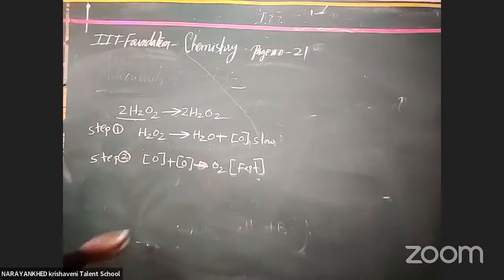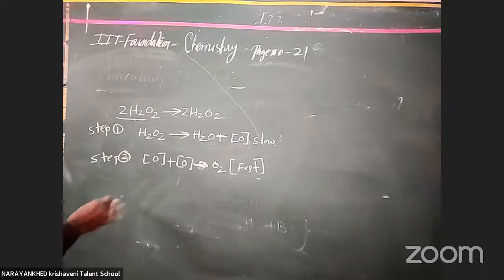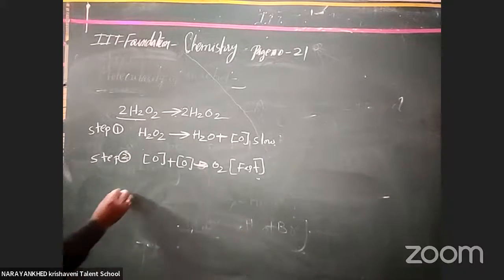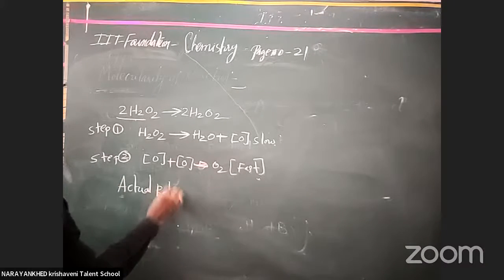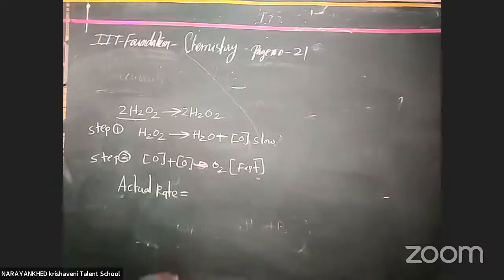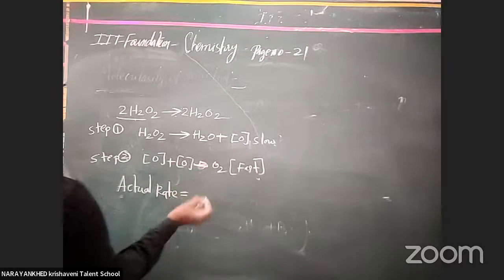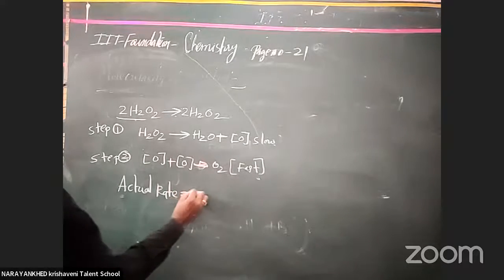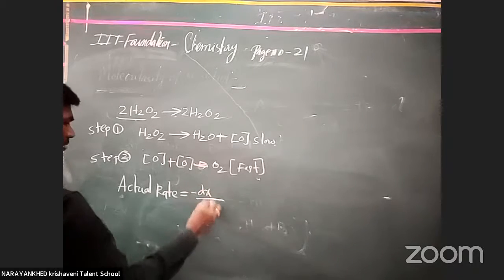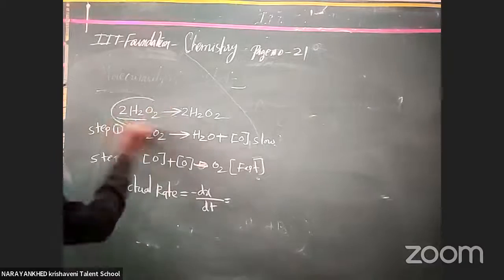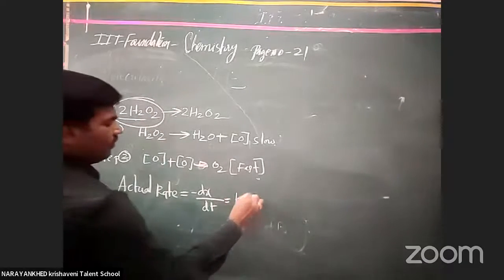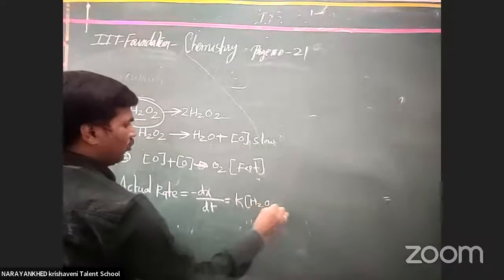Now, one second, whatever the rate of change is, it will be the actual rate. What is the actual rate here? That is only the rate: minus dx by dt is equal to k of H2O2.